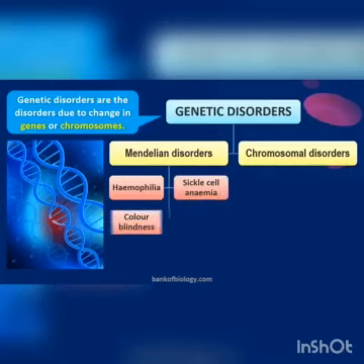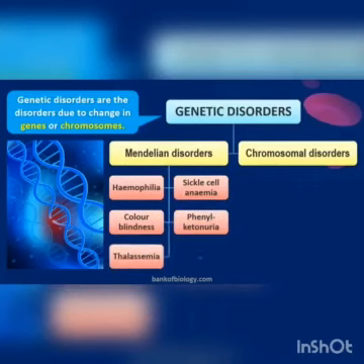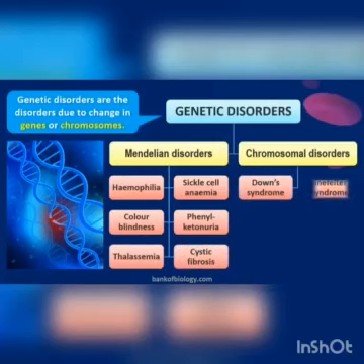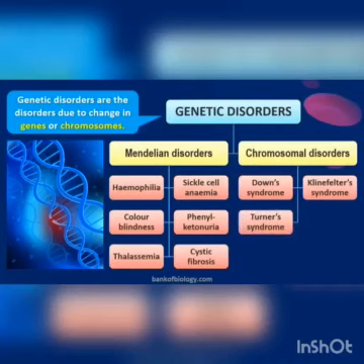Mendelian disorders include hemophilia, sickle cell anemia, color blindness, phenylketonuria, thalassemia, and cystic fibrosis. Chromosomal disorders include Down syndrome, Klinefelter syndrome, Turner syndrome, and Patau syndrome. We will see these disorders one by one.